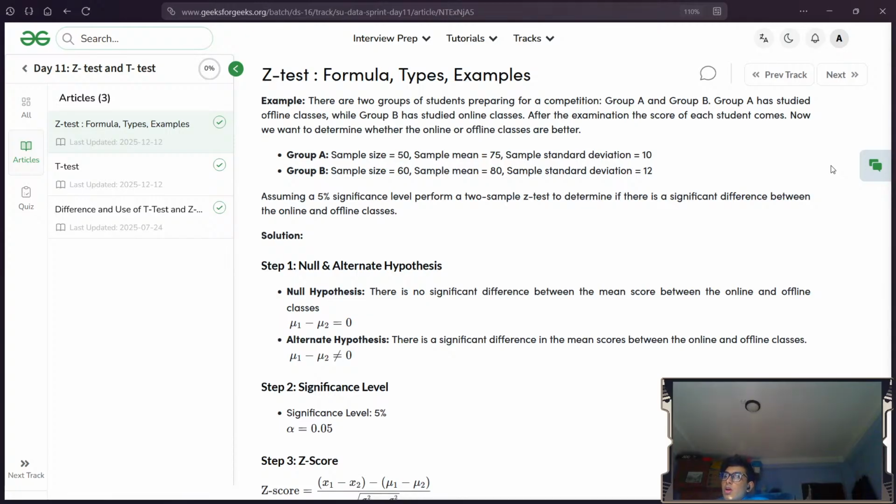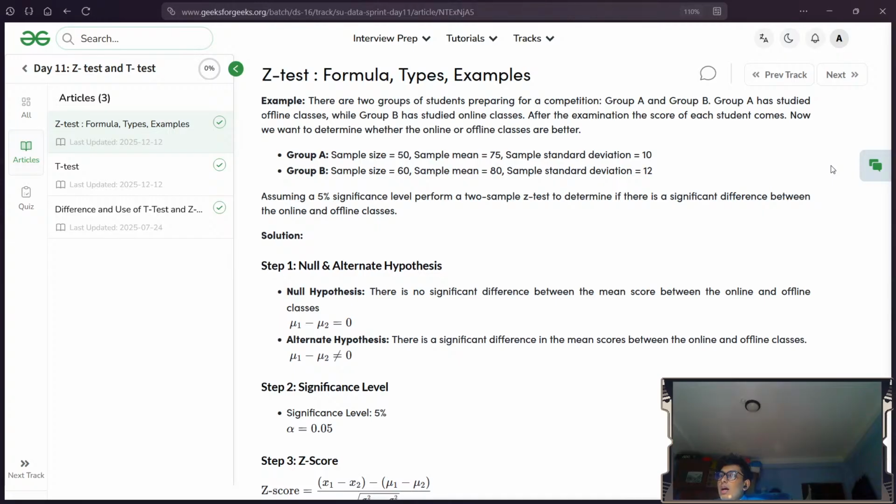Group A sample size is 50, sample mean is 75, and sample standard deviation is 10. Group B sample size is 60, sample mean is 80, and sample standard deviation is 12. Assuming a 5% significance level, perform a two sample Z test to determine if there is a significant difference between the online and offline classes.